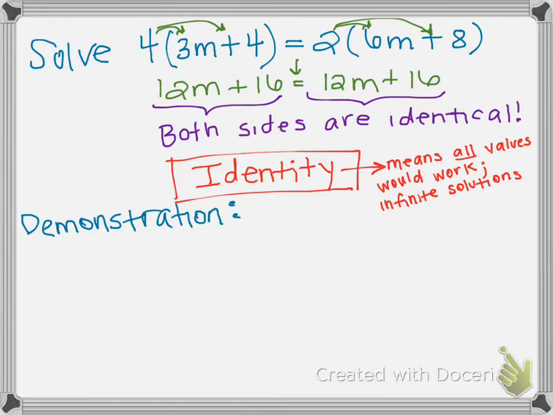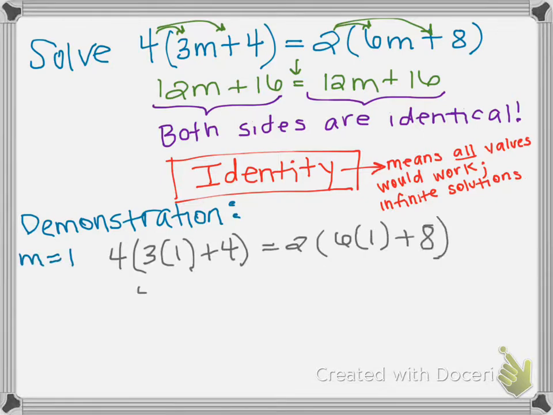So no matter what number you put in there, every single value would work. So here's a little demonstration. Let's say we plug in the number 1 for m. On one side, 4 times 7 would be 28.